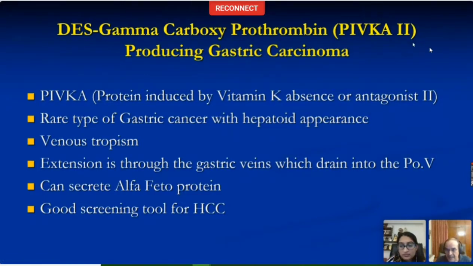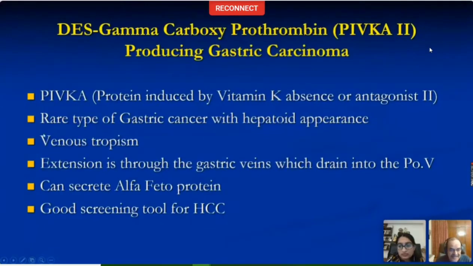Just like AFP, alpha fetoprotein, is a tumor marker for HCC, another reliable marker which has specially been used by the Japanese is PIVKA2. It is also called des-gamma carboxyprothrombin, and it is known that there is a rare variant of gastric cancer which has a hepatoid histological appearance, which can produce PIVKA2, and the secretion of this substance creates venous tropism.